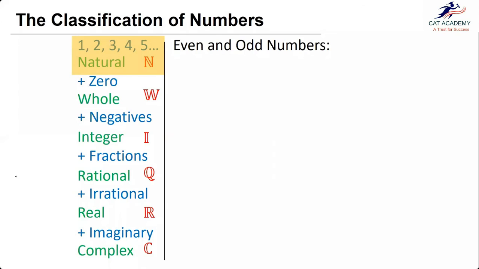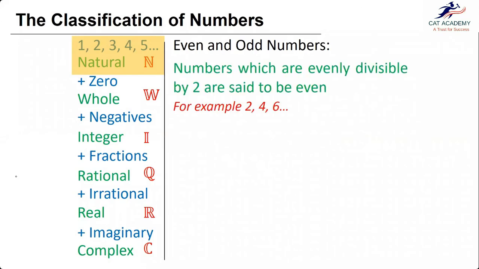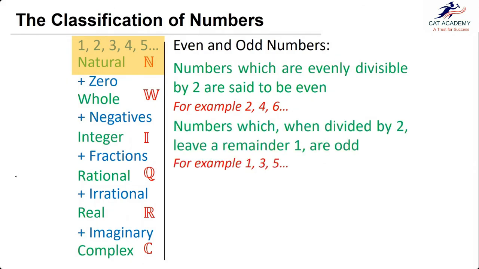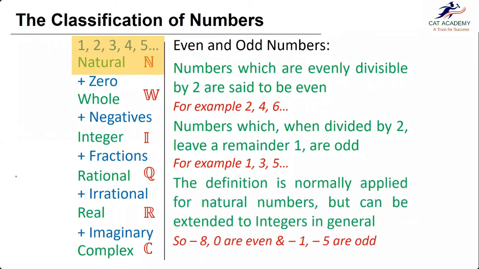So how do I identify even number? Anything that is divisible by 2. Or last digit should be 2, 4, 6, 8, 0. That's even. And a last digit 1, 3, 5, 7, 9 will be odd, obviously. Now, the definition is normally applied to only natural numbers, but it can be extended to integers in general.